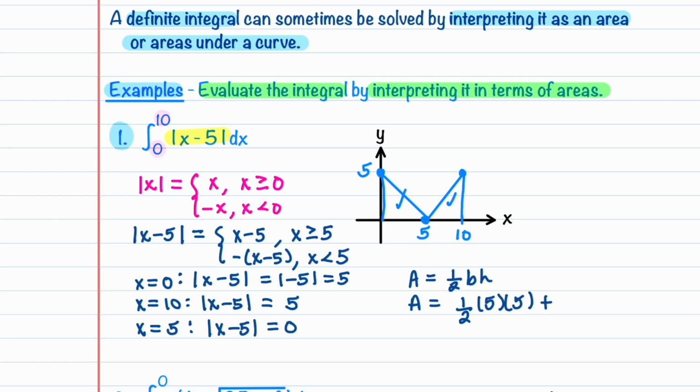And then our next triangle is the same, 1/2 5 times 5. You can also think about putting these two triangles together, and then you would just have a rectangle with base 5 and height 5. This gives us an answer of 25. What we did was much easier than having to substitute our piecewise function in and integrate it.